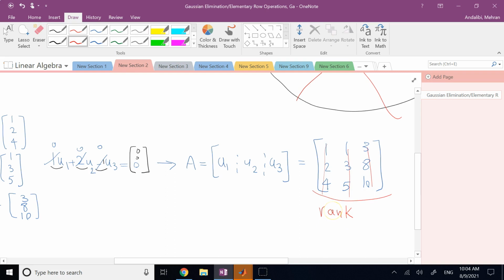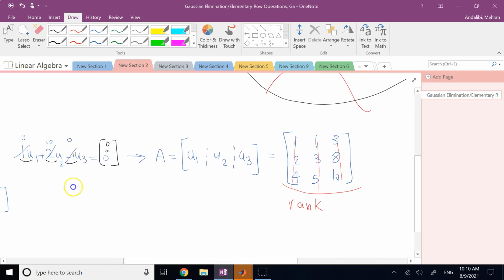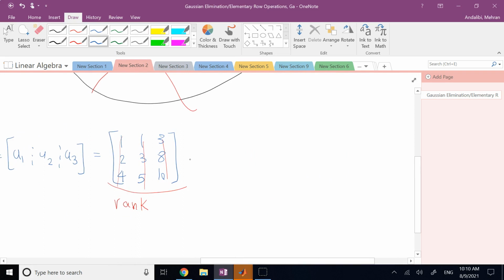If I find the answer to that, that's also the same as, of course, the number of independent vectors. And how do I do it? Well, using the reduced row echelon form. If I can reduce this to the row echelon form, that will tell me how many independent columns or rows I have. So how do I do it?